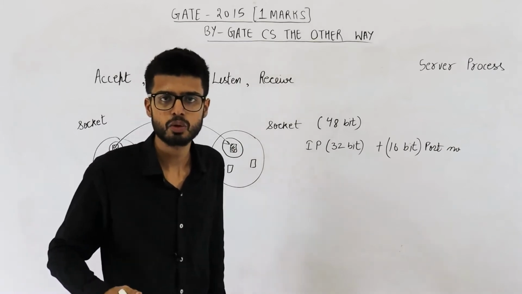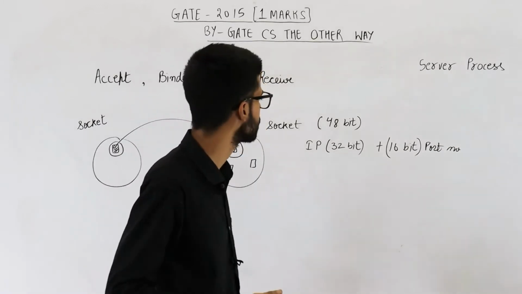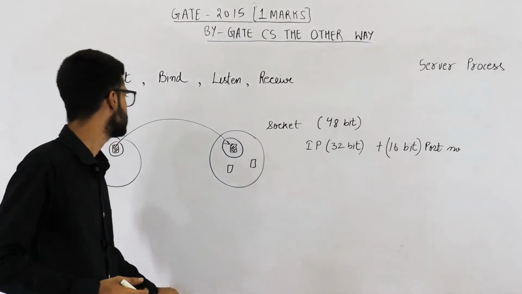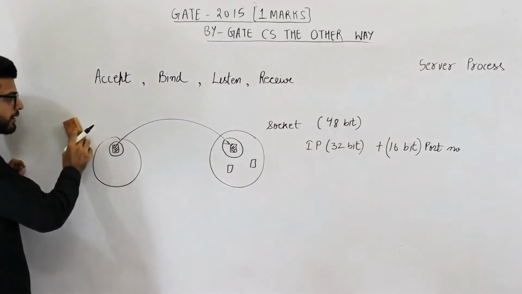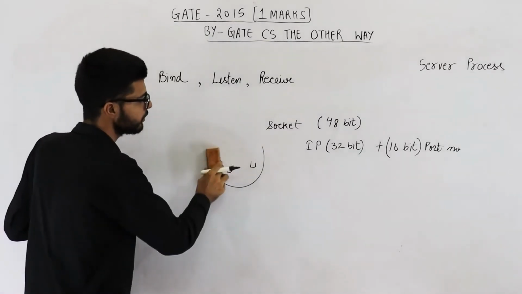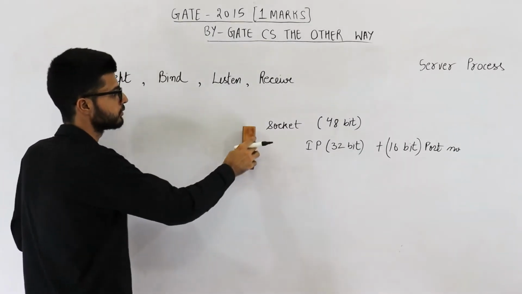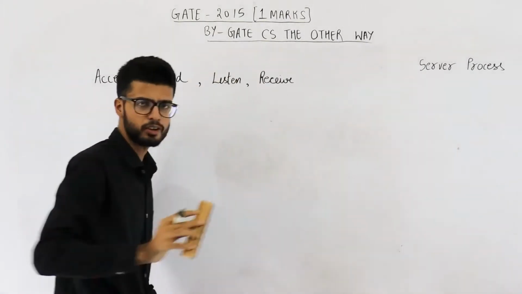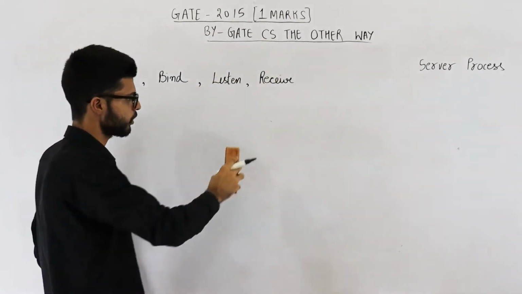So socket is also called endpoint of communication. So from this discussion, it is clear that the basic thing that we need to have is a socket, whether it is a client machine or it is a server machine. Socket is not a hardware, it's implemented at software level only.